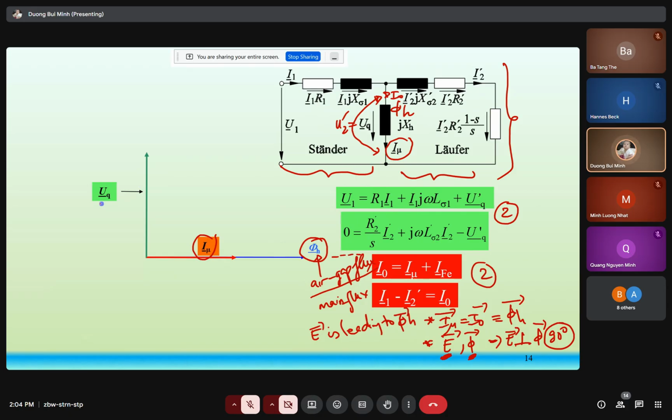So if here is E2 prime, here you get minus E2 prime.